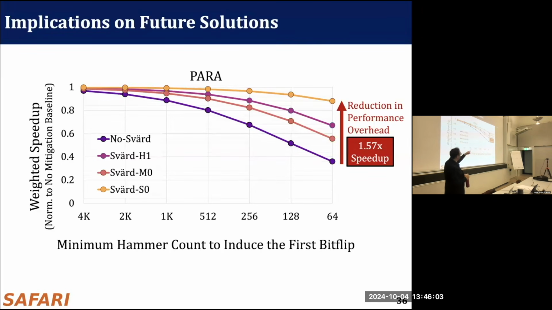In Para's case, it just keeps using the same threshold for all rows. But in our case, we use the proper threshold for each row based on the variation profiles that we collected from real chips. So in that case, the security level of the rows is the same. Para basically was making some rows extra secure. That's the trade-off. We don't make them unnecessarily extra secure.